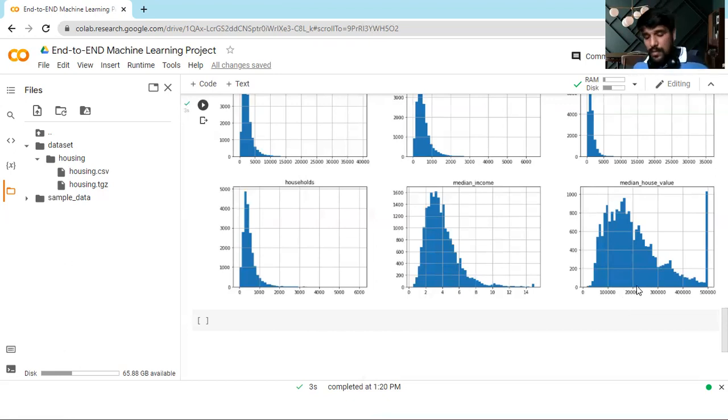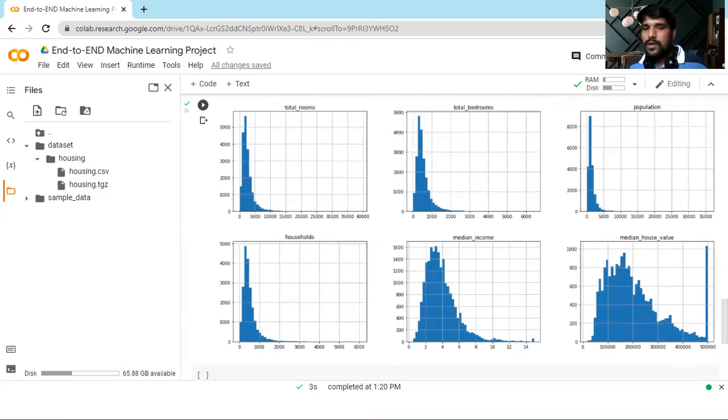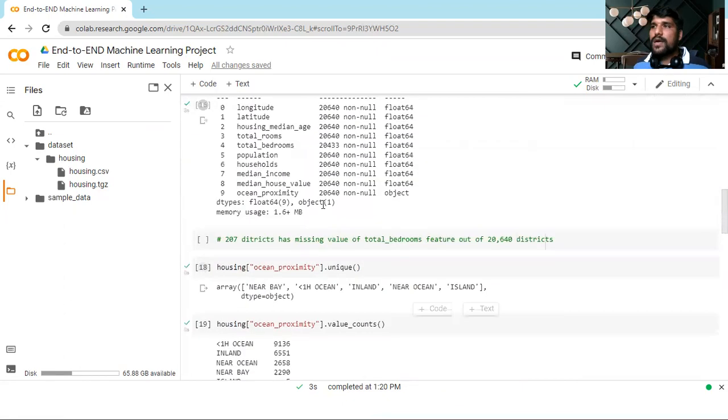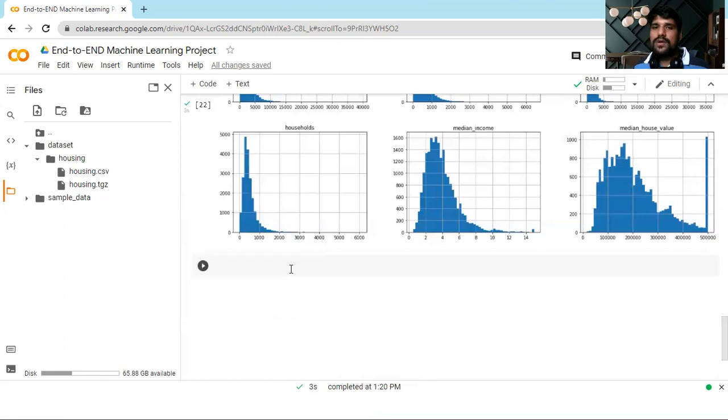Otherwise my machine learning model will only predict values up to 50,000 and will not predict values above it. There are ways to handle this, but we will see later how to handle it. Now, I think till now we have covered a lot, including how to get the data.